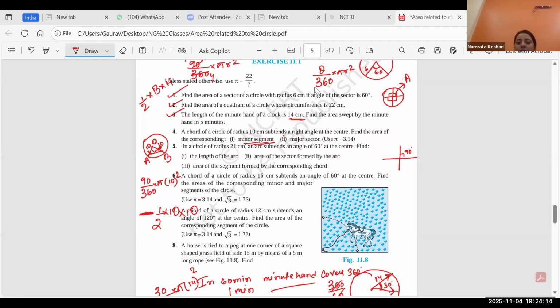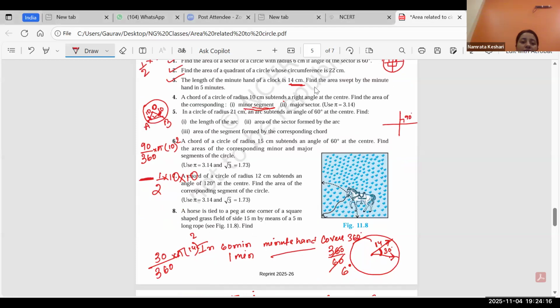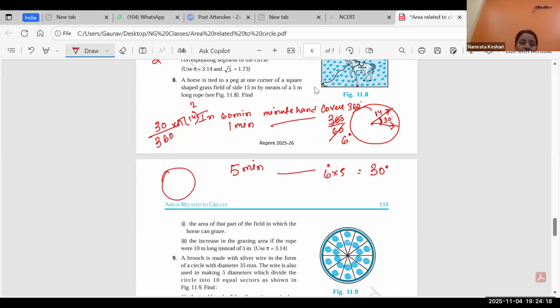If this much angle is 90 degrees, then the remaining angle must be 270, right? Yes, ma'am. Okay, so theta by 360 into pi r square. You just put everything in the formula, you will end up getting the area of the major sector.